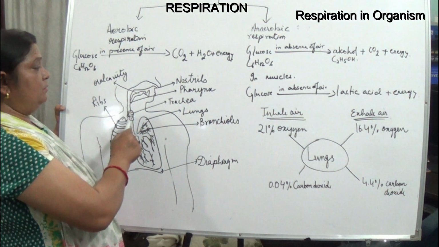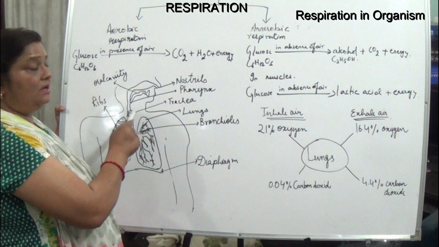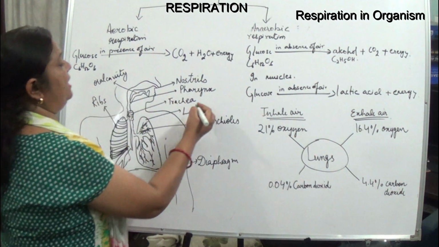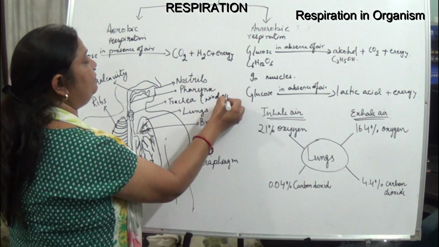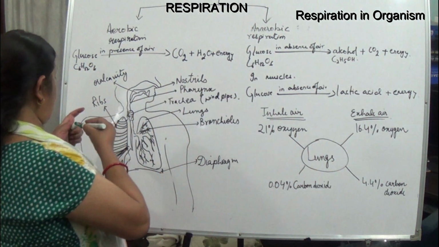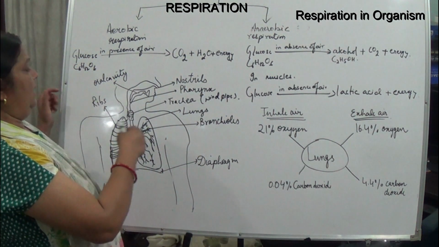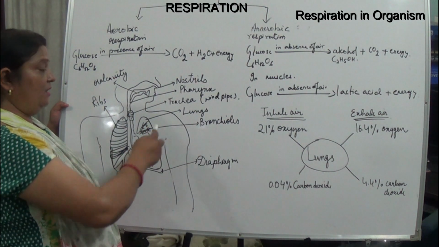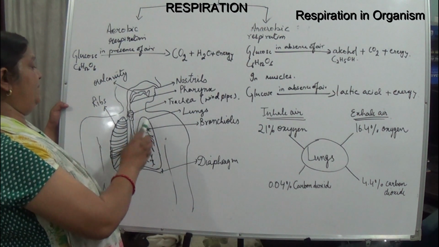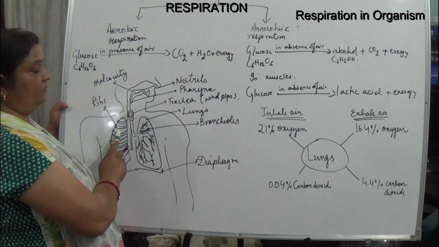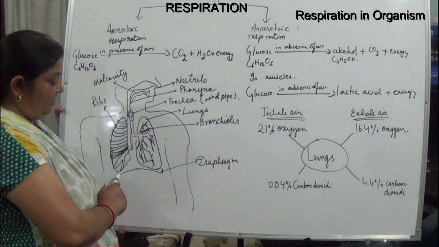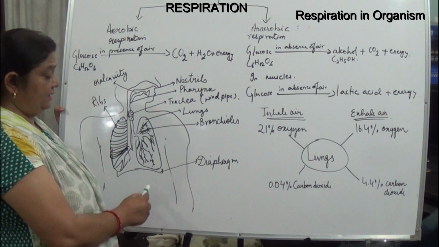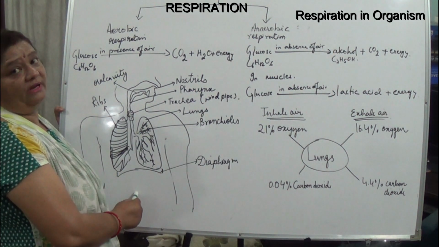When we move down, it is the trachea, which we can also call the windpipe. This windpipe leads to the lungs, where you can see the bronchioles. Ribs are also present, and the diaphragm separates the thoracic cavity from the abdominal cavity.